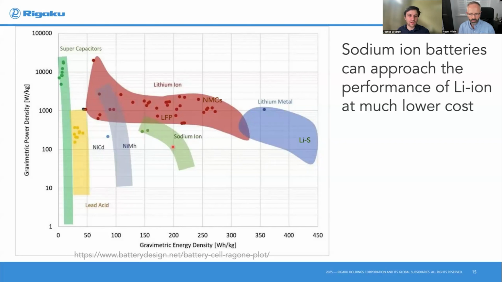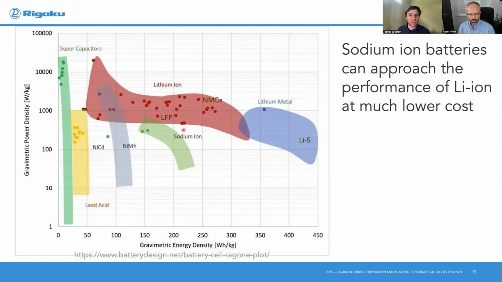As a result of that, sodium-ion batteries, the chemistry is a little bit harder to work with, and they'll be a little bit less high performance than some lithium-ion batteries. But as you can see, you can push sodium up into the regime where it's competitive with lithium, especially for its price. And critically, you can do this at much lower cost.